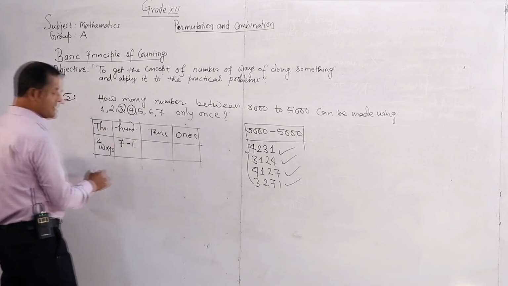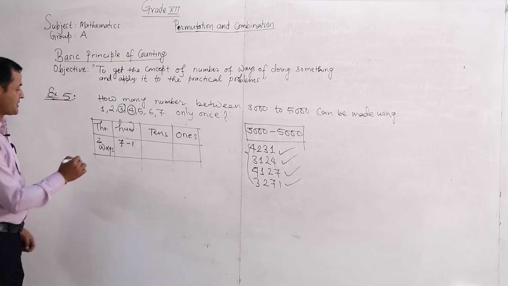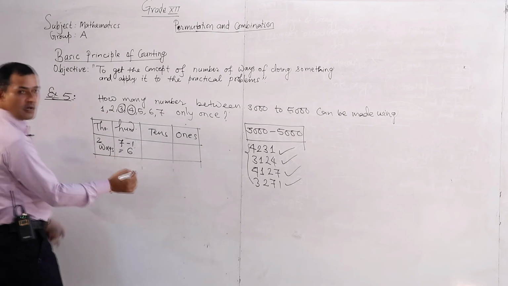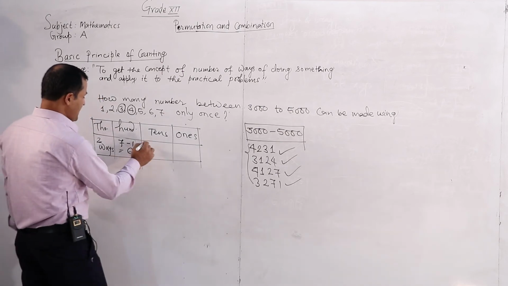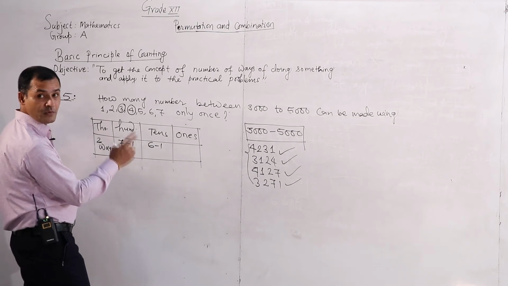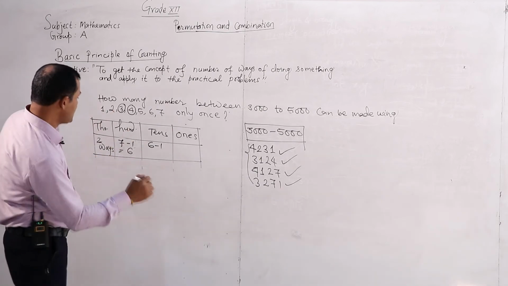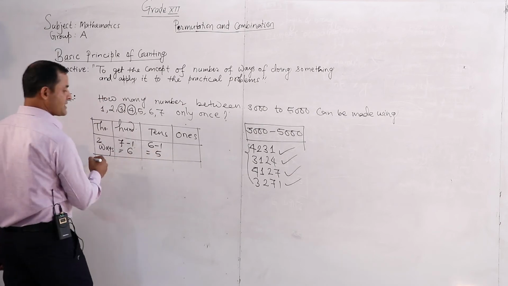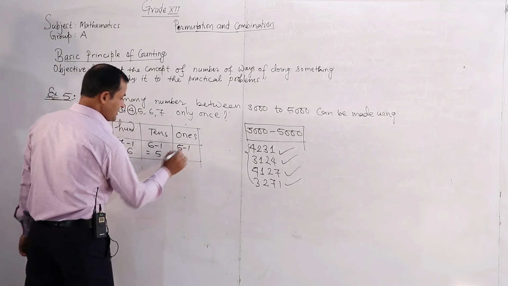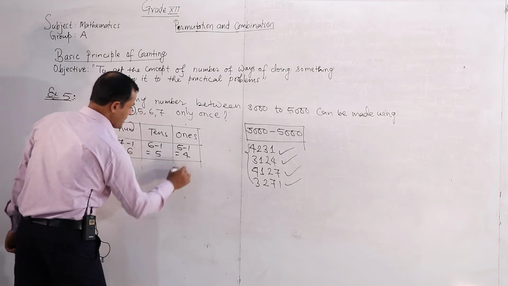That's why we subtract 1, which gives 6. And similarly, as usual, 6 minus 1, because 2 places have already been filled with 2 digits. That's why 5 choices for the tens place, and 5 minus 1 equals 4 choices.